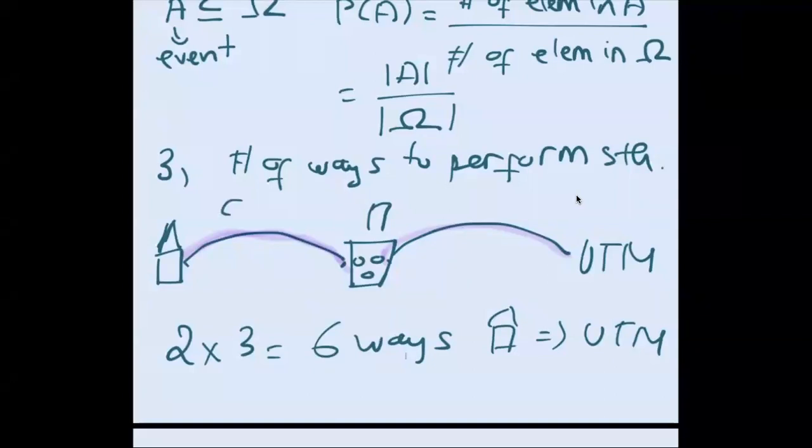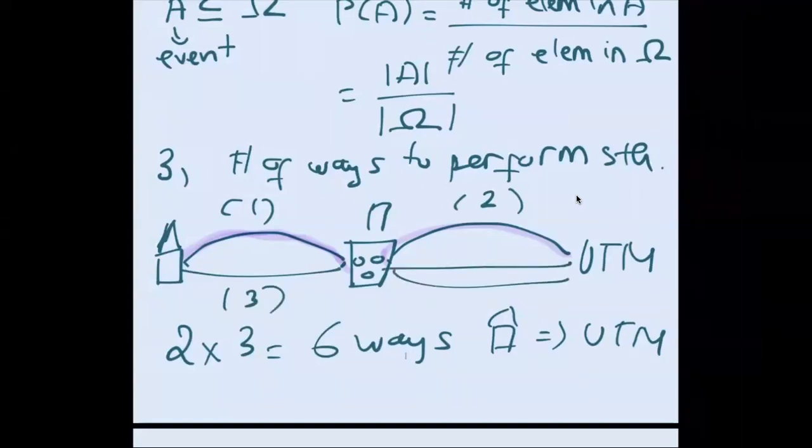If I take the first way here, then I have to use the second way to get to UTM. If I use the third way here, then I can use either the fourth or the fifth one to get to UTM.